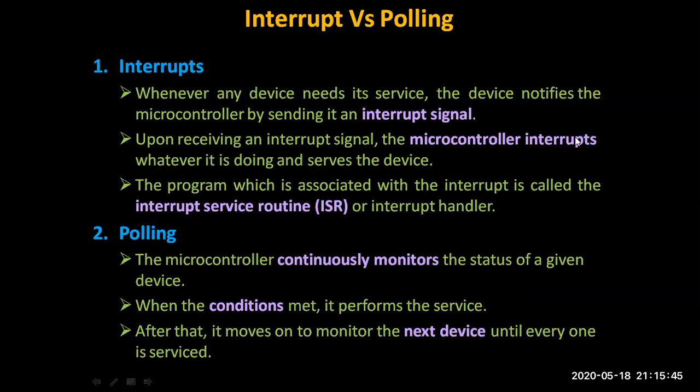When any device wants interrupt service, it will perform that service, and after that it moves on to monitor the next device, until everyone is served. That is nothing but the polling technique.